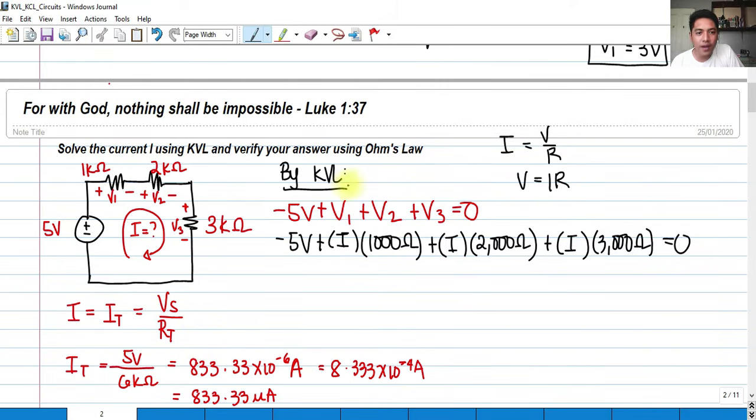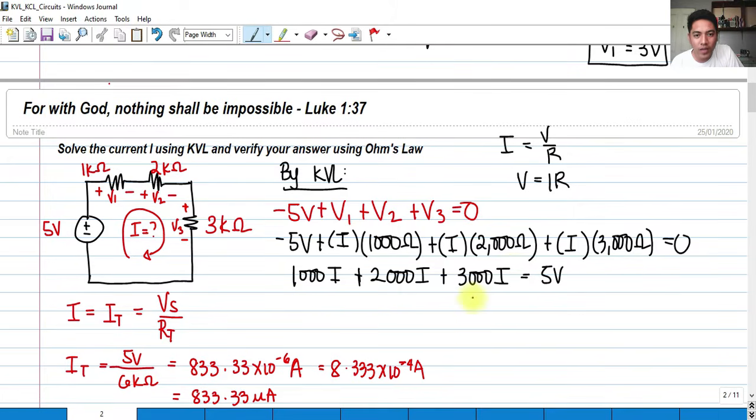I can transpose the negative 5 volts to the right side of the equation. Let me drop the unit of ohms first. So we have 1,000 I plus 2,000 I plus 3,000 I equals 5 volts.